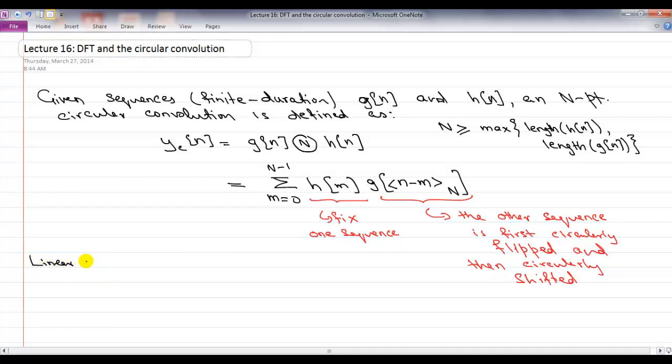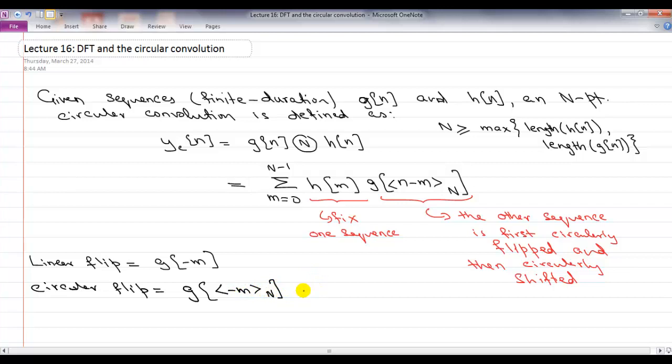So linear flip in linear convolution is defined as g of minus m. In the case of circular convolution, we have first a circular flip of the sequence Gn. So circular flip is defined as g of minus m mod n, and we can interpret that more carefully by looking at the case of m equal to 0 and m not equal to 0.